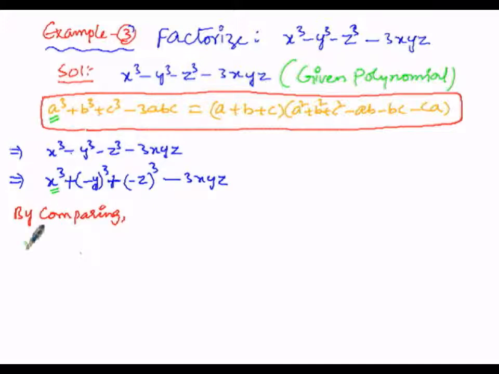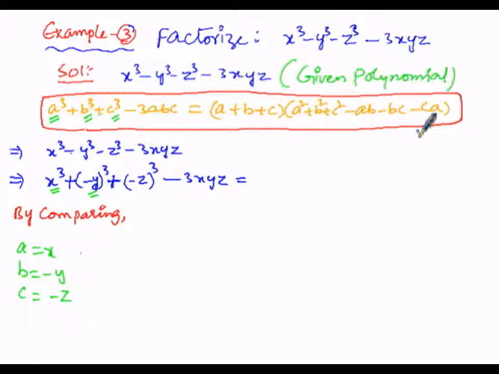Here also plus is there, so b cube is minus y whole cube, so b must be substituted as minus y, b equals minus y. Then here plus c cube is plus minus z whole cube, so c equals minus z. In this manner we have to substitute so as to get the result. So that is equal to a plus b plus c. So these are the two factors.